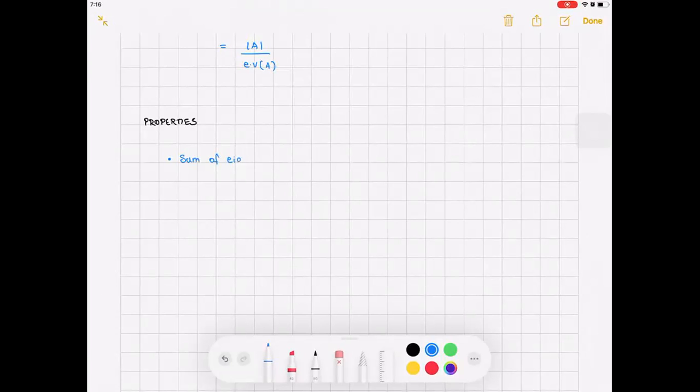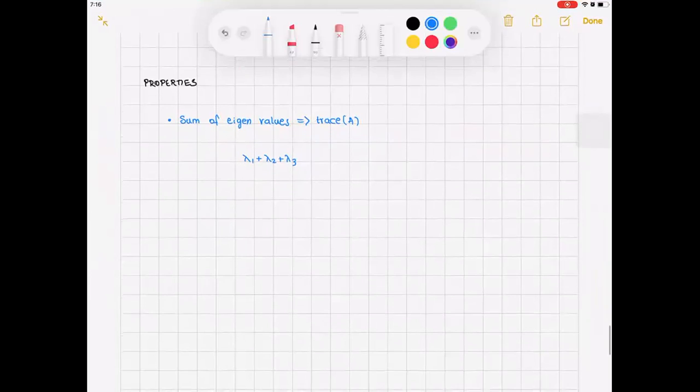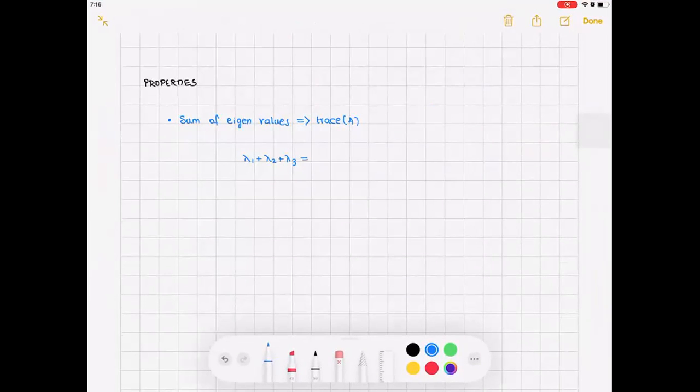Sum of eigenvalues is equal to trace of the matrix A. For example, for a third order matrix, if lambda 1, lambda 2 and lambda 3 are the eigenvalues, then their sum is equal to trace of the matrix A. Trace means the principal diagonal elements, A11 plus A22 plus A33.